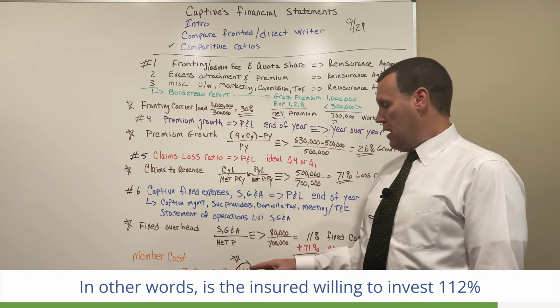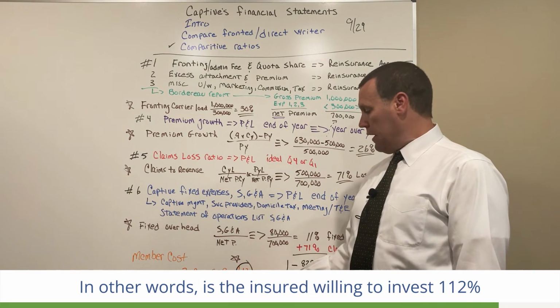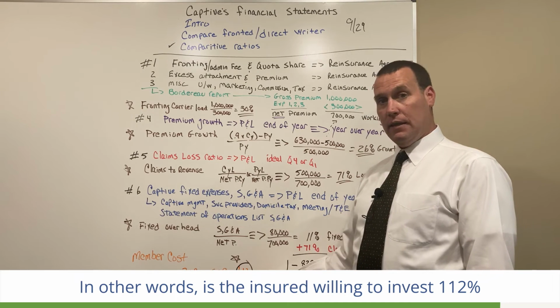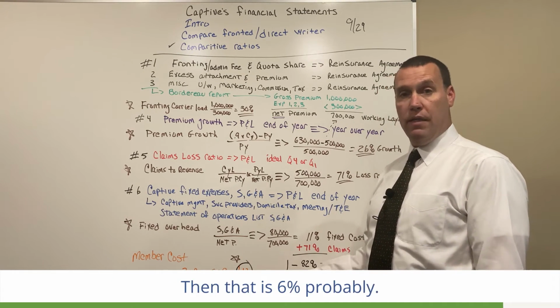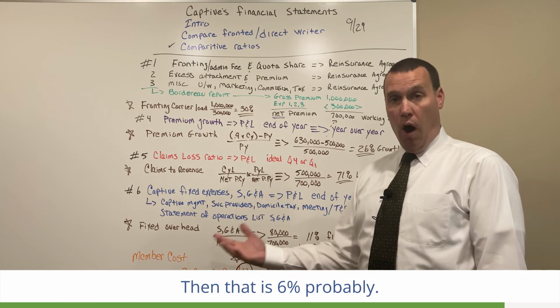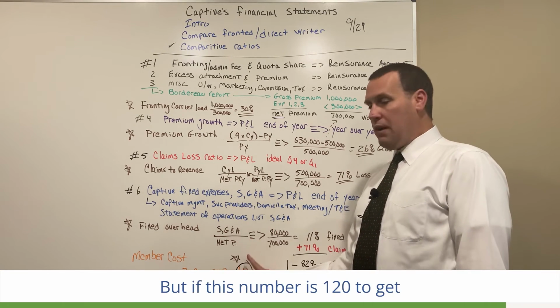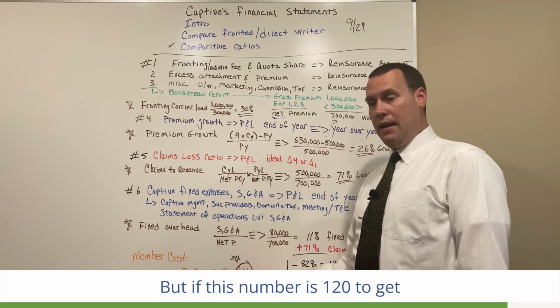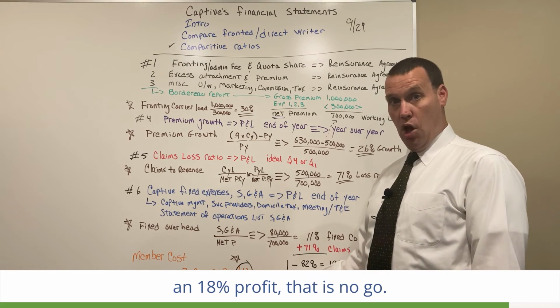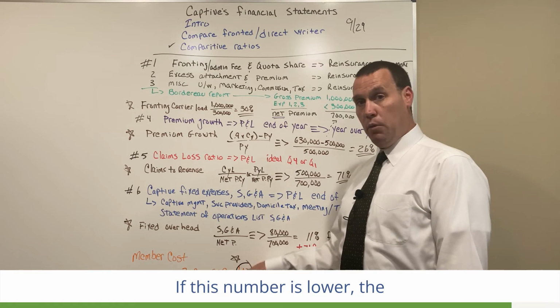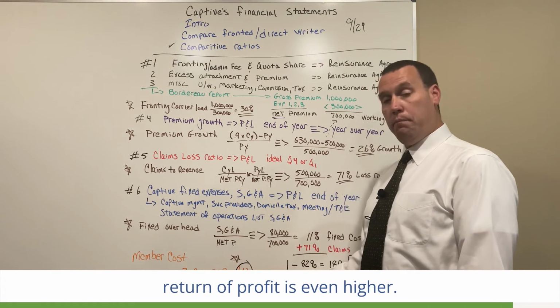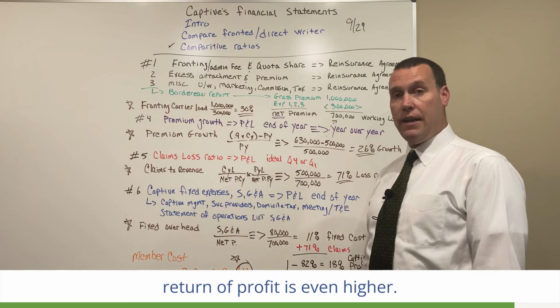So in other words, is the insured willing to invest 112% of the market premiums to get an 18% profit? The net is 6%. Probably. But if this number's 120 to get an 18% profit, that is no go. If this number's lower, the return of profit is even higher.